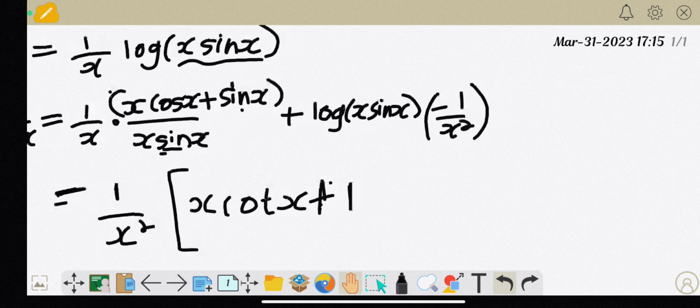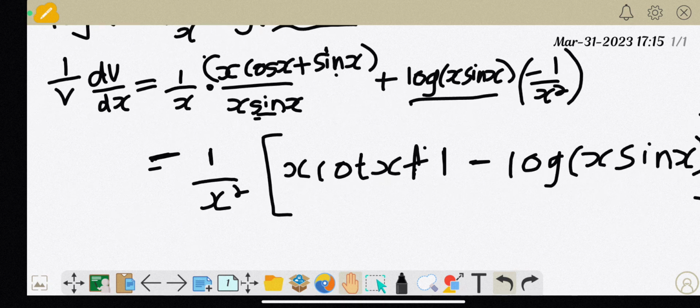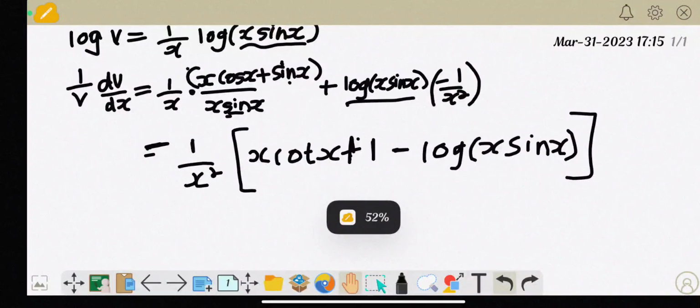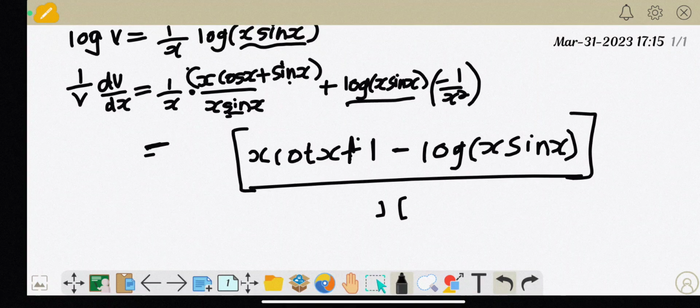and here minus this term log x sin x. So I'm doing it directly. Okay, if you don't understand you can ask me, don't hesitate. Then 1 by x square is there, right? So this term I will write in the denominator. So x square.